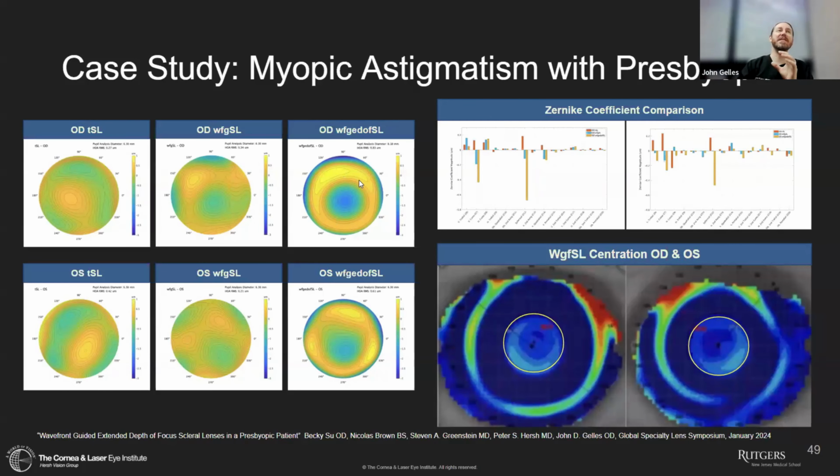When we induce that spherical aberration, you can see we're getting almost pure spherical aberration for this individual, and how perfectly centered that is to their line of sight. So this is really improving the quality of vision for these individuals and giving them excellent outcomes.